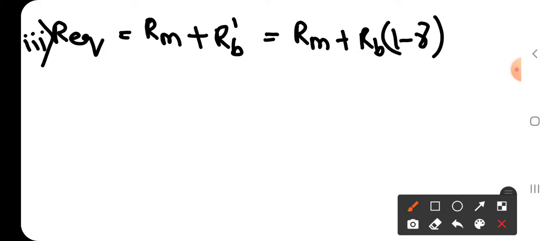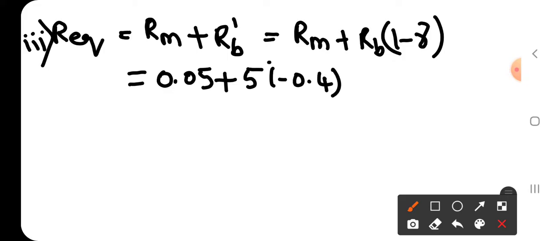So RM, the motor resistance, is 0.05 plus RB is 5, 1 minus 0.4. If you calculate, you will get approximately 3.05 ohms.